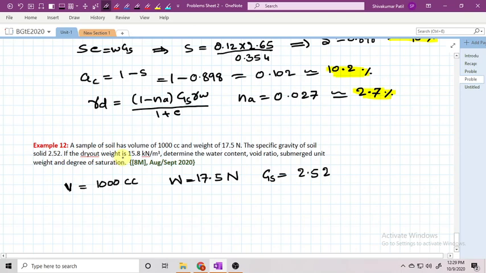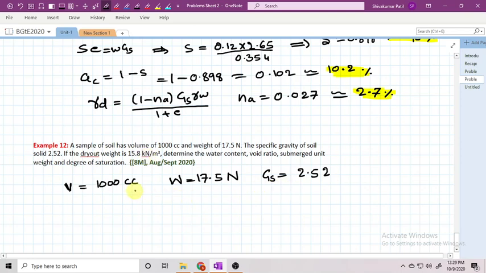If the dry out weight is... see, they made a mistake here. In the problem they gave something wrong. They maybe meant dry weight, but they gave the unit of kilonewton per meter cube. That means it is some density or some unit weight. So let me assume that this is a dry unit weight.